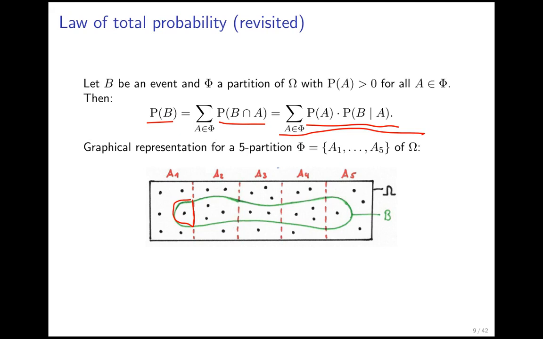And then you can just look at the individual box, and looking at the individual box may be easier than looking at all the other boxes because you have to keep track of what you did in the previous boxes. And this you can apply to much more complicated scenarios, and that's when the law of total probability will show its full force.